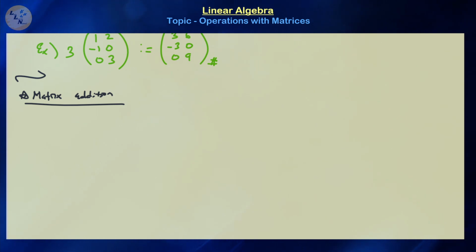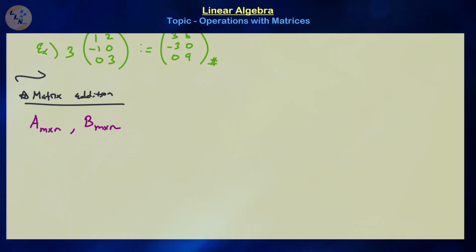So keep in mind, let us assume A is an m by n matrix, and let's also take another matrix B, which is also an m by n matrix.